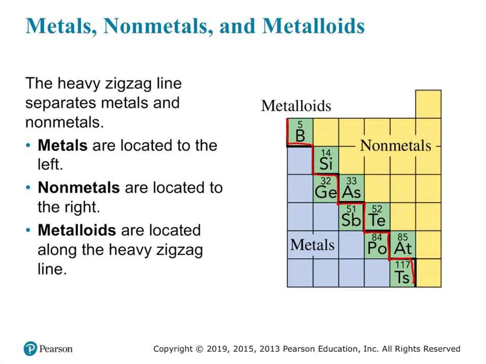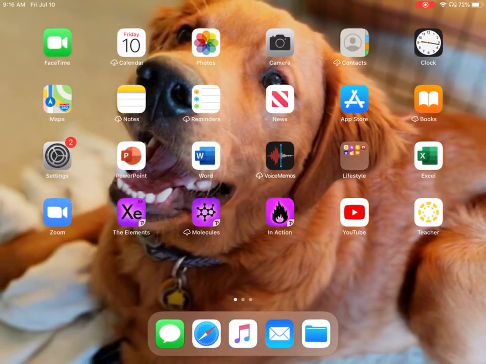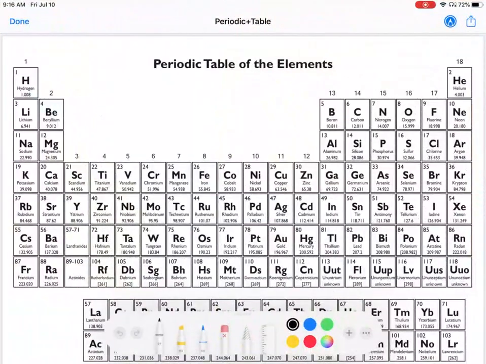So let's look at a larger periodic table. This is the periodic table that I posted on the Canvas website. And you'll notice if we start at boron, we can draw a diagonal line going all the way down.